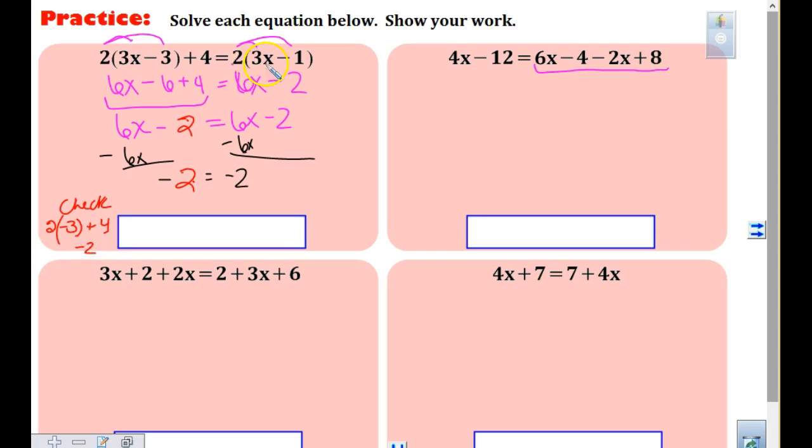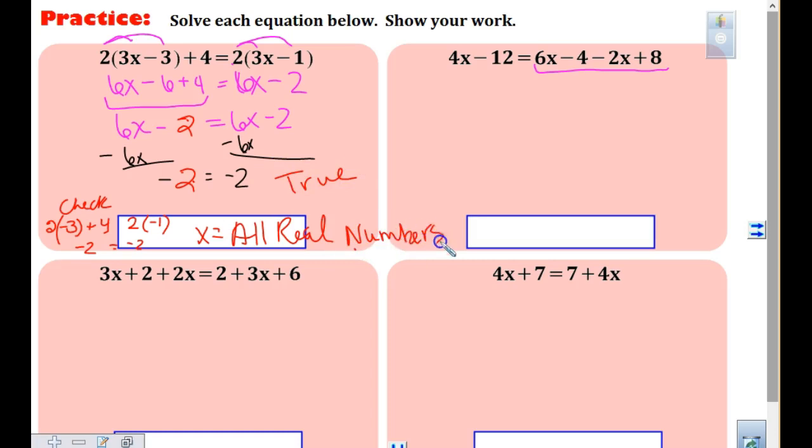Over on this side, if we plug in 0, 3 times 0 leaves us with 2 times -1, and that does equal -2. So there's no way this could be no solution. If you think it's no solution, plug in something and check. In this case, this one should have been all real numbers, and the reason is that we had a true statement. If it's true, it's all real numbers.